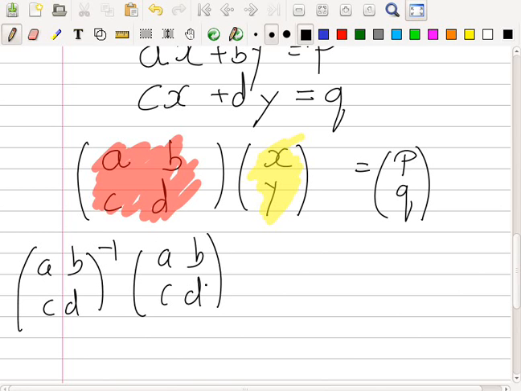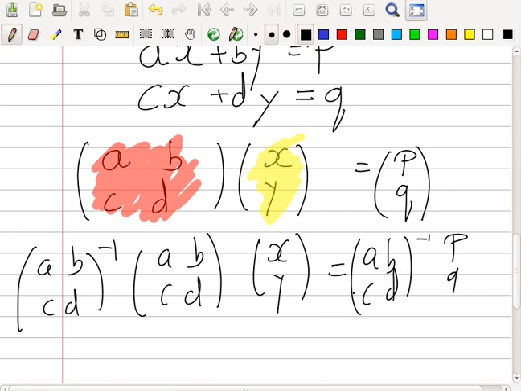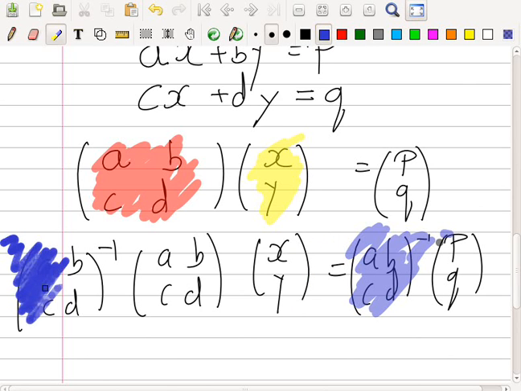If I put an inverse here, A, B, C, D inverse, and then A, B, C, D multiply x, y, equals A, B, C, D inverse, p, q. Now if you look closely, what I did was put an inverse at the start of both sides.